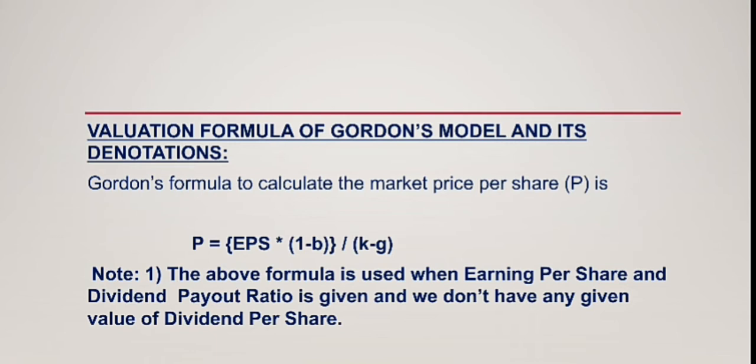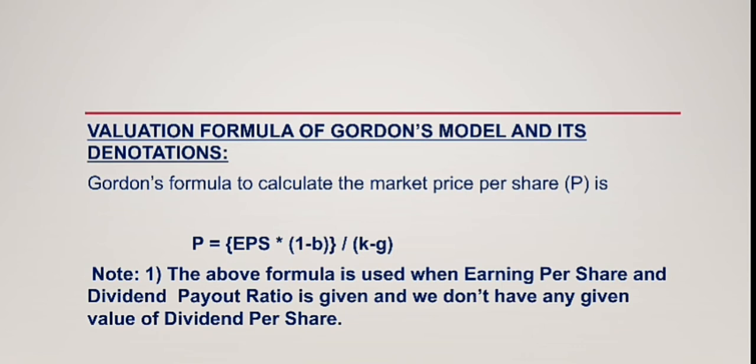This formula is basically used when we have only values related to earning per share and the dividend payout ratio, that is 1 minus b, and we don't have any value related to dividend per share.